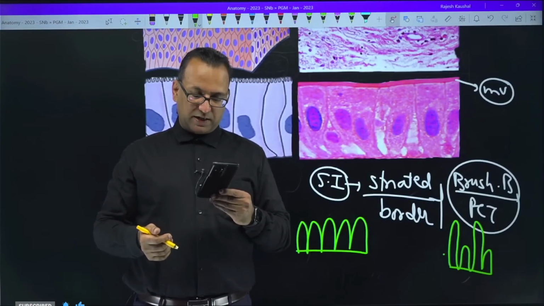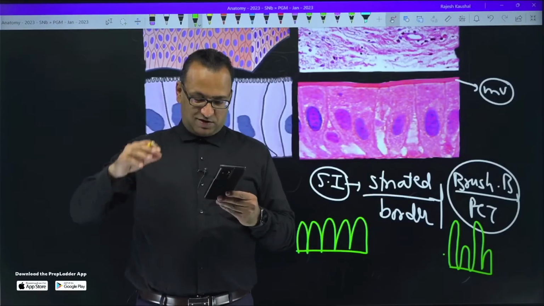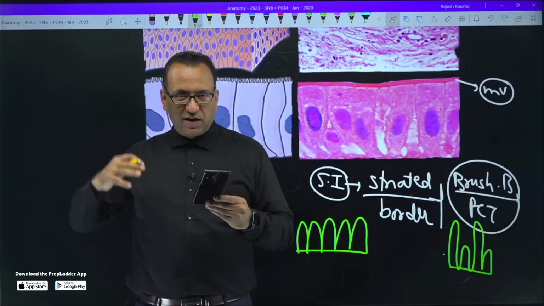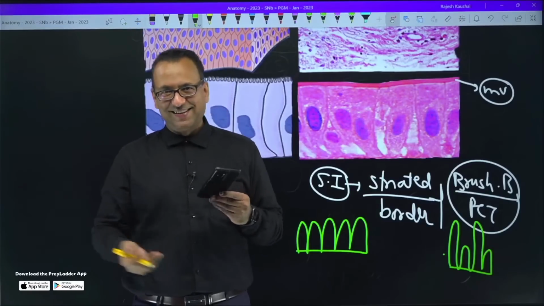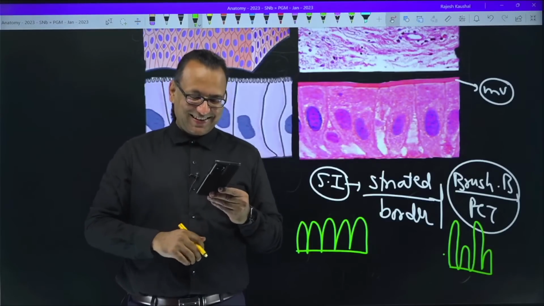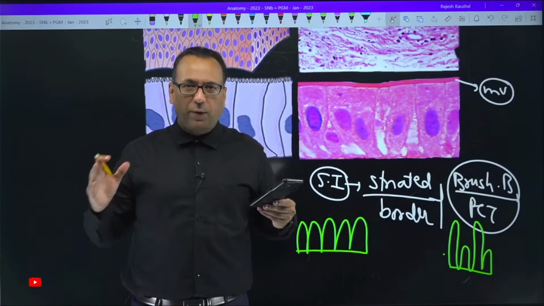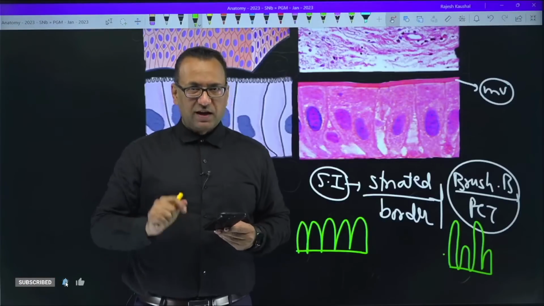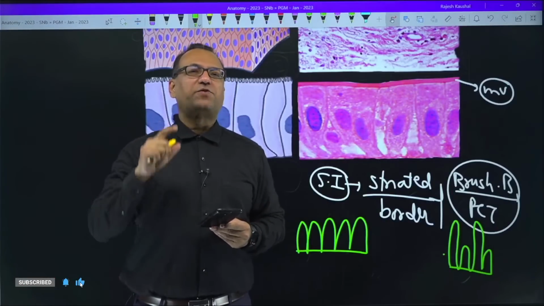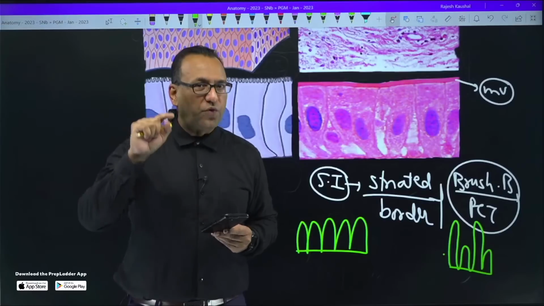What does PrepLadder Marathon offer in contrast to rapid revision in the app? Rapid revision in still more rapid fashion, that is your marathon. Rapid revision in anatomy is for 20 hours and marathon is total 2 plus 2, 4 hours.